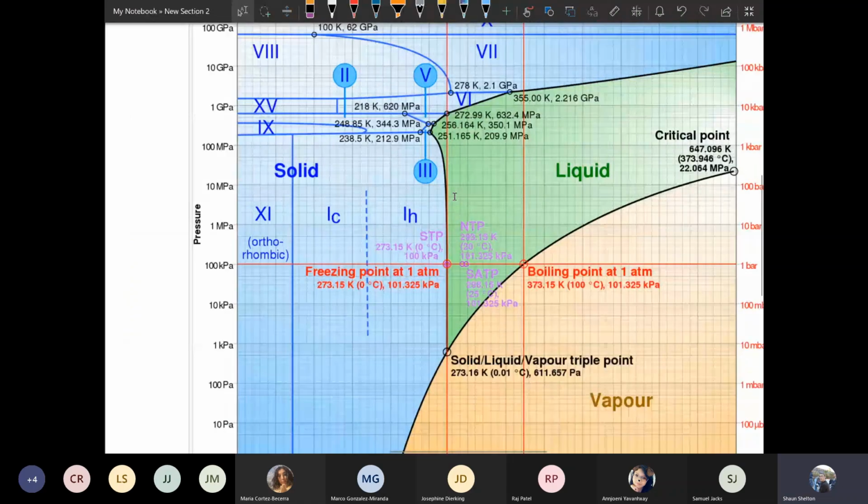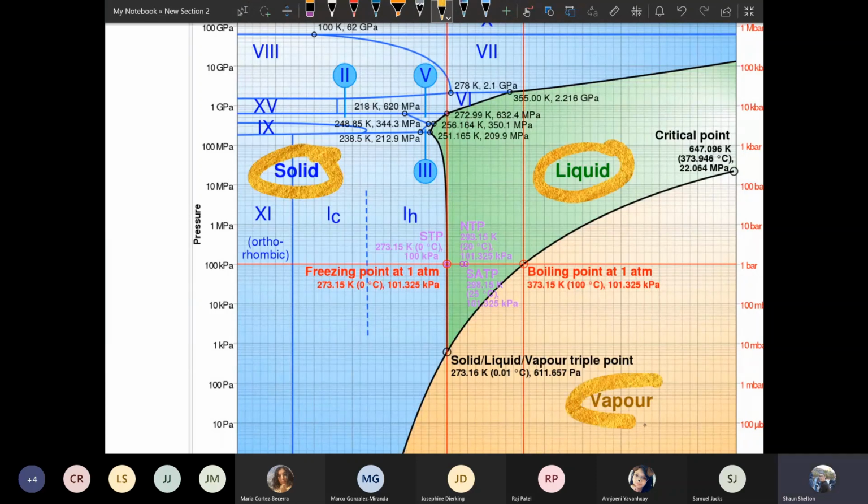When you look at the phase diagram for water here, I'm going to try to make this where we can see it easily. So we see our solid, we see our liquid, and we see our gas. That's normal. Here we have our first triple point, which is what we expect. It's where the solid and the liquid and the gas come together. We just saw that in the previous one.